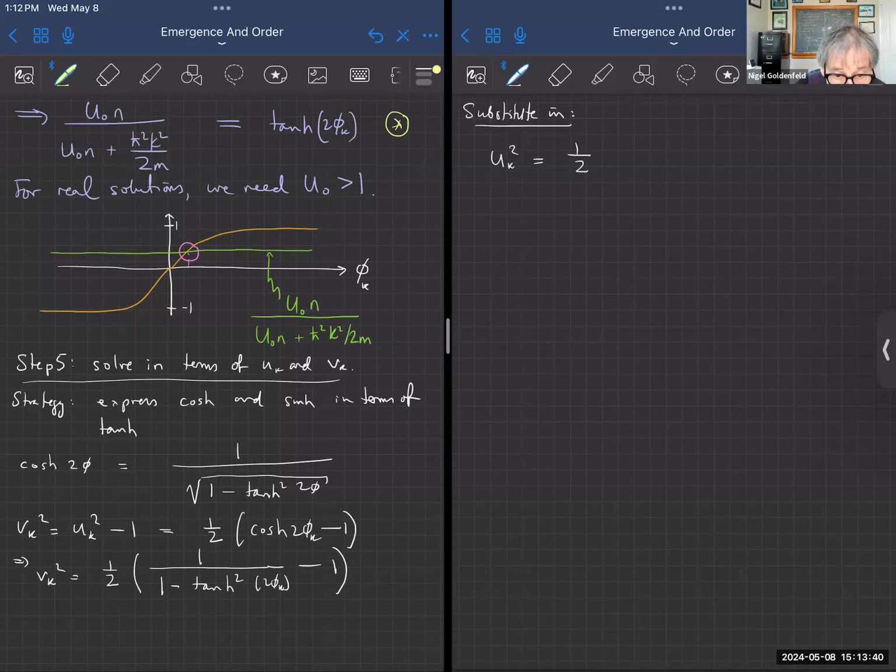This is quite a complicated equation. That's U, and then V is given by a very similar thing.